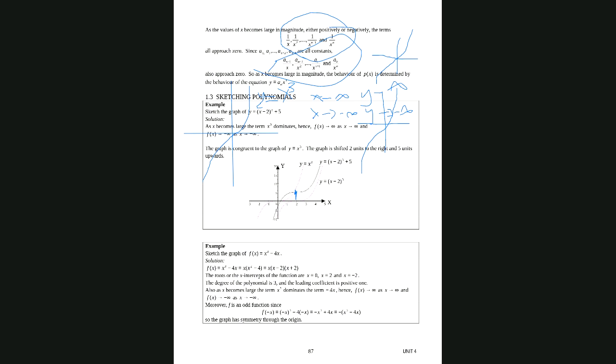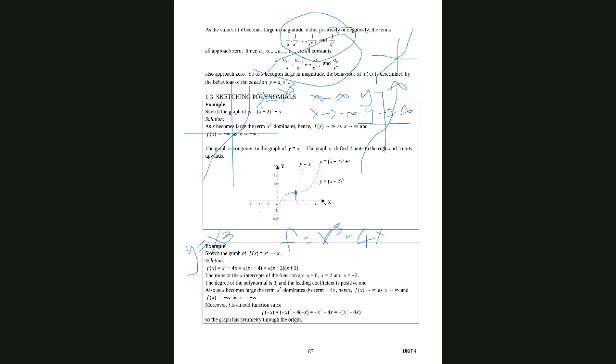Now sketch the graph f of x equals x cubed minus 4x. Now to sketch this graph, we note that f of x equals x cubed minus 4x. The original graph is y equals x cubed.